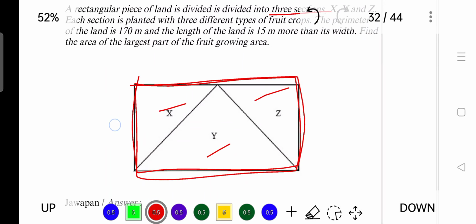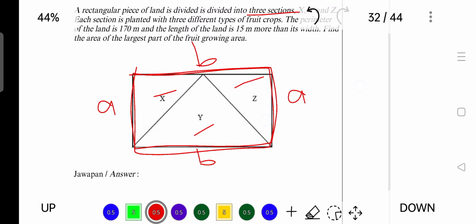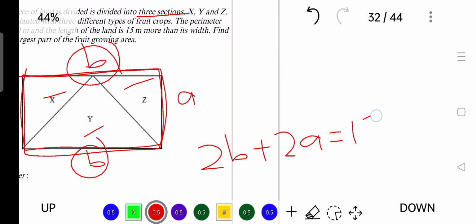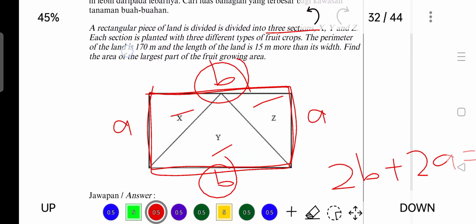I don't know what the sides are. If I have this as A and this as B, maybe I can do it like this: 2B plus 2A is equivalent to 170. That is what they say, right? Perimeter is 170. And the length is 15 more than its width.